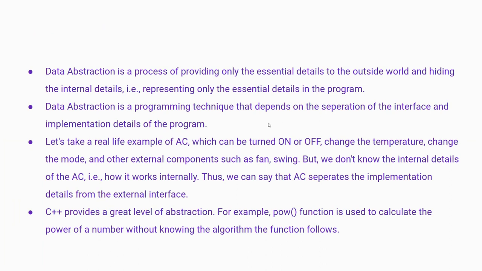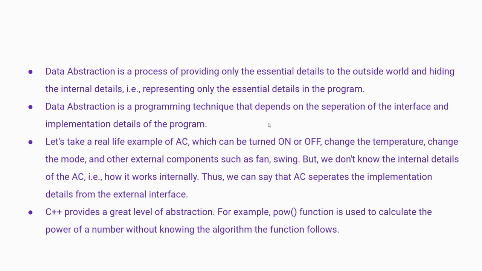The man only knows that pressing the accelerator will increase the speed of the car or applying brakes will stop the car, but he does not know how on pressing the accelerator the speed is actually increasing. He does not know about the internal mechanism of the car or the implementation of the accelerator, brakes, etc. in the car. This is what abstraction is.